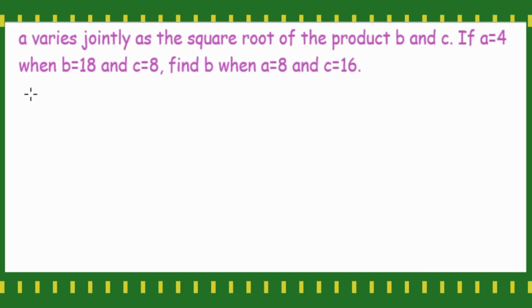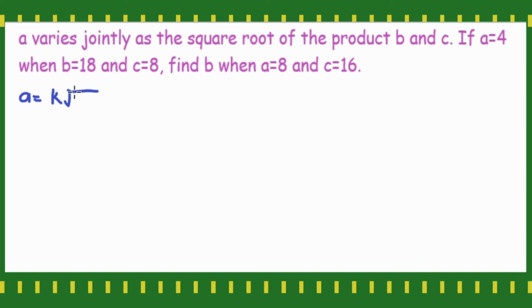So we have a varies jointly as the square root of the product b and c. If a is equal to 4 when b is equal to 18 and c is equal to 8, find b when a is equal to 8 and c is equal to 16. So let's have the statement. So we have a varies jointly, that's equal to k, square root of the product of b and c.